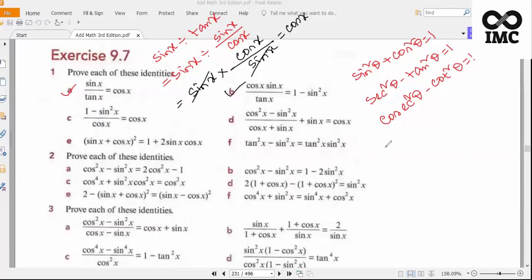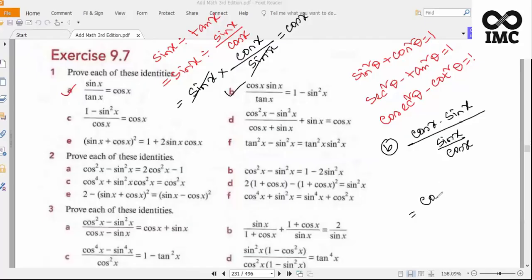Question number B says cos x into sin x divided by tan x equal to 1 minus sin² x. So here, left hand side, it says cos x into sin x divided by tan x, and we know that tan x represents sin x by cos x. Now, this is division of a fraction.